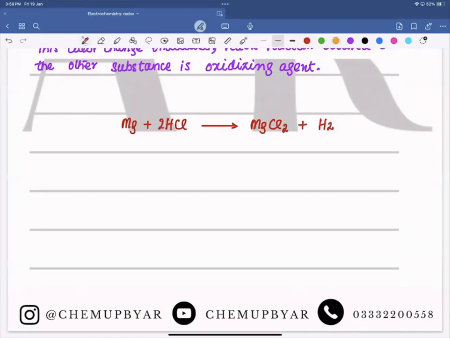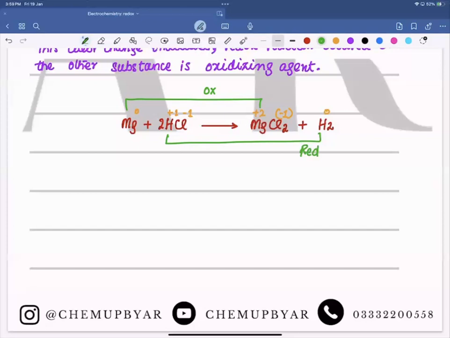If we put the oxidation numbers, we can see that magnesium is oxidized and the hydrogen ion is reduced, right?